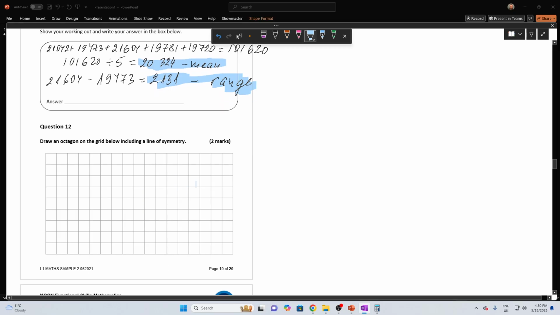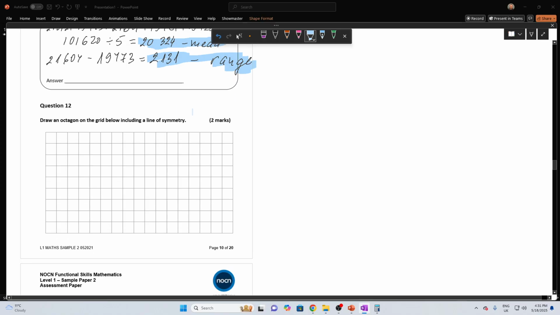Draw an octagon and draw a line of symmetry. The most important thing here is you need to know how many sides the octagon has. It has 8 sides, and all of them are equal.